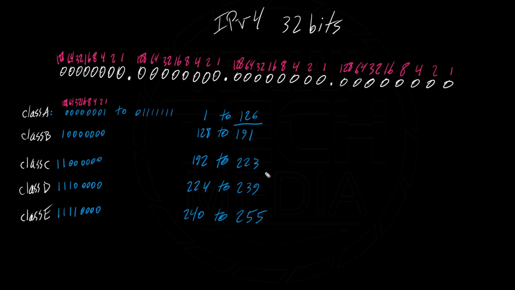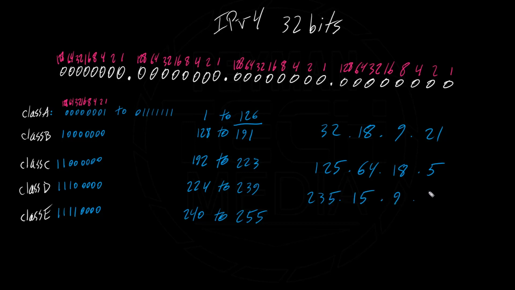But before that, I'm going to write down multiple different IP addresses and ask you what class each is. First, 32.18.9.21. Then 125.64.18.5. Then 235.15.9.16. And then 85.315.19.21.